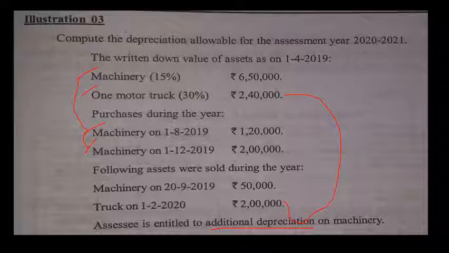Earlier he was the owner and its written down value in the beginning of the previous year was 2,40,000, which signifies that he was the owner of one motor truck, and on 1st February 2020 the motor truck was sold and the selling price was rupees 2 lakh, which means after February he was not the owner of the motor truck.